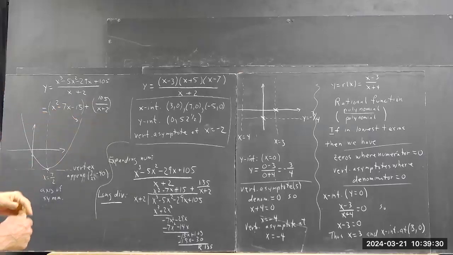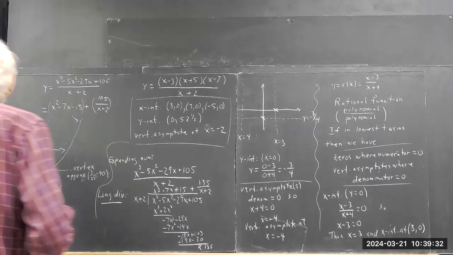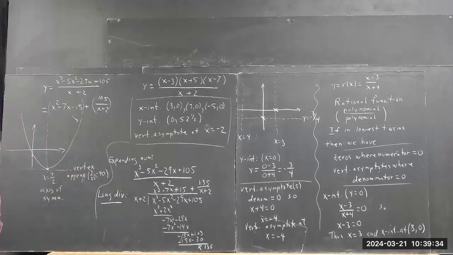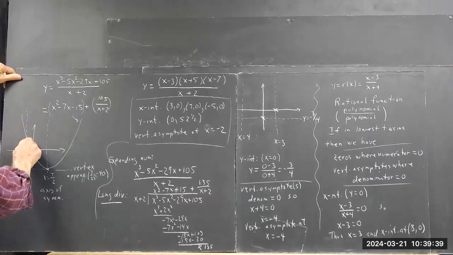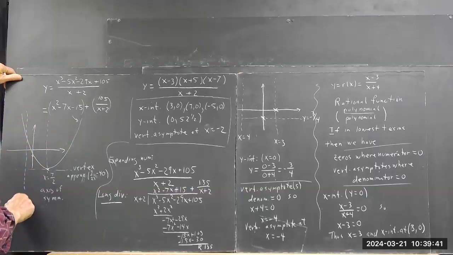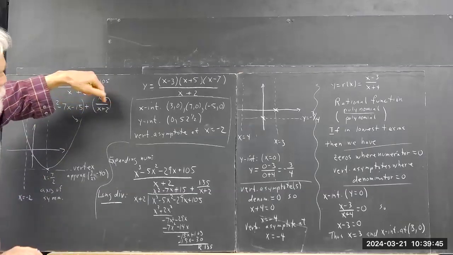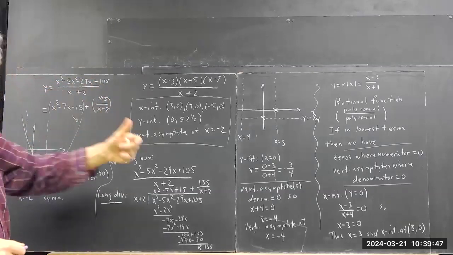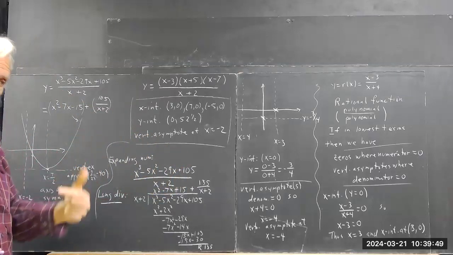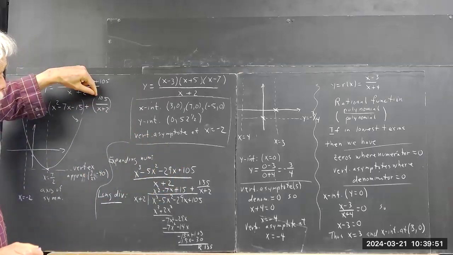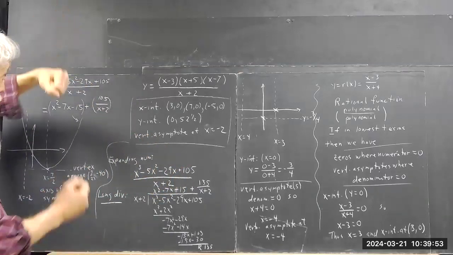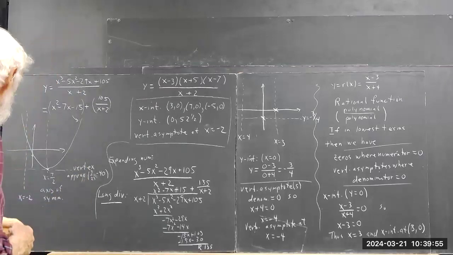And this is going to be a reciprocal function with an asymptote at x equals negative 2. Just look at this. This is 1 over x plus 2, which is just like 1 over x shifted 2 units to the left, and then vertically stretched by factor 105. So it's stretched way the heck out.